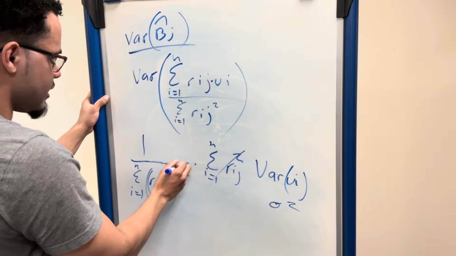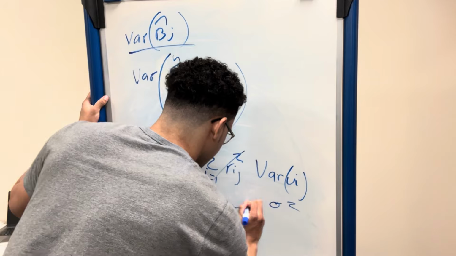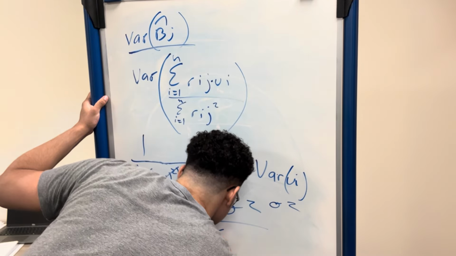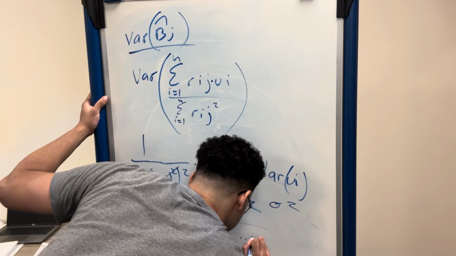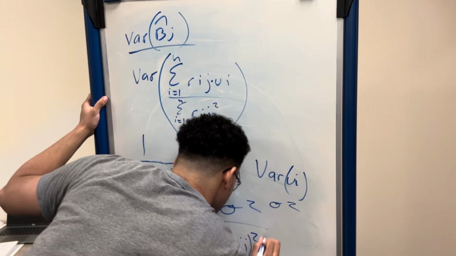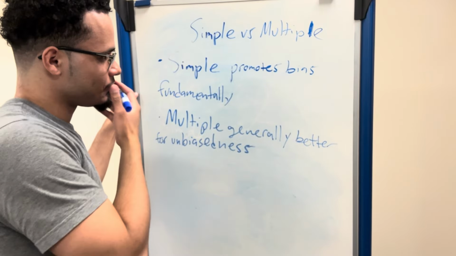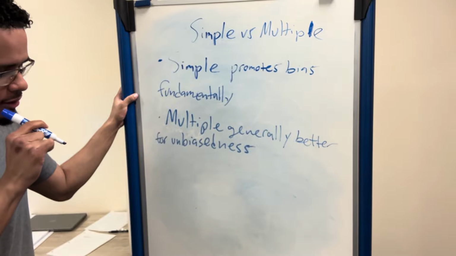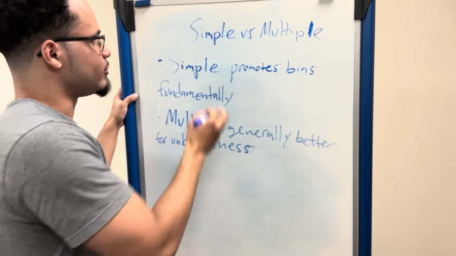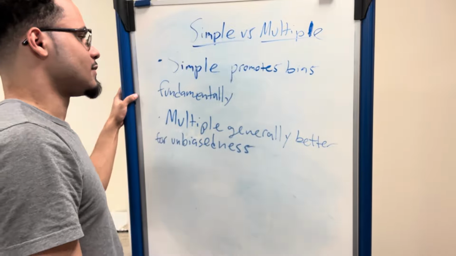So this cancels out, and then you're just left with variance over r_ij.